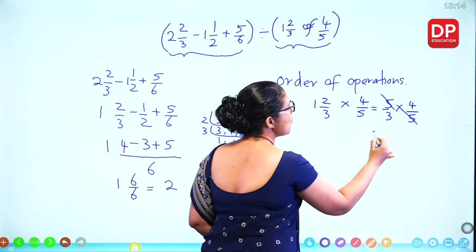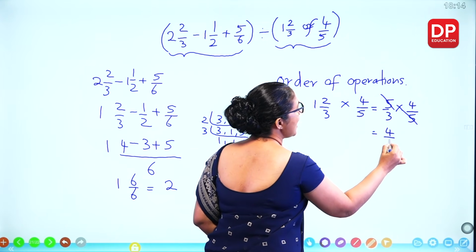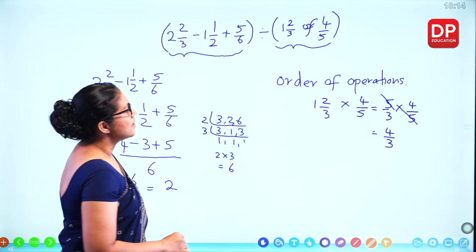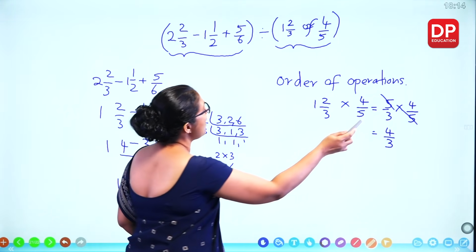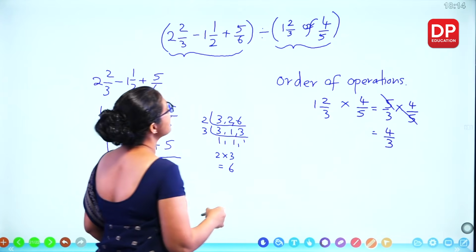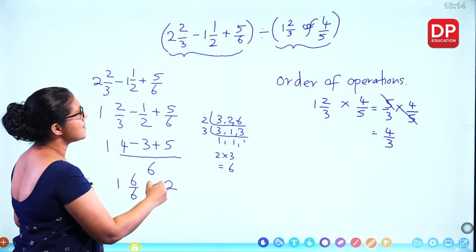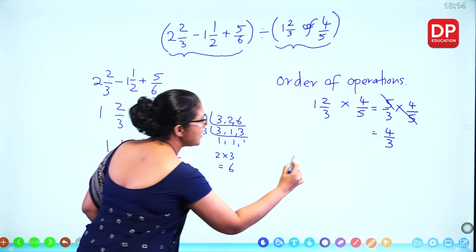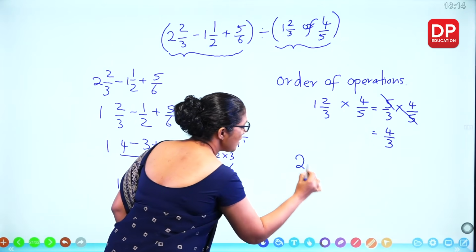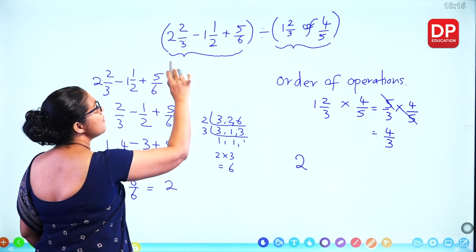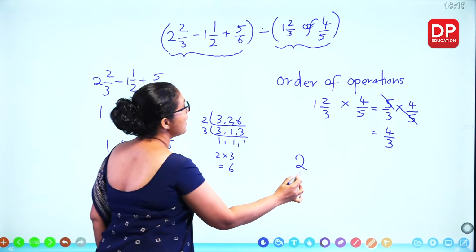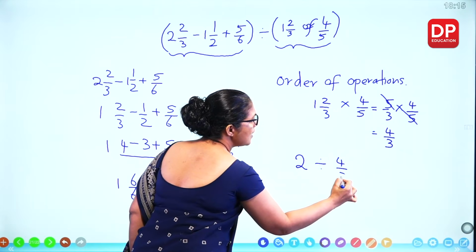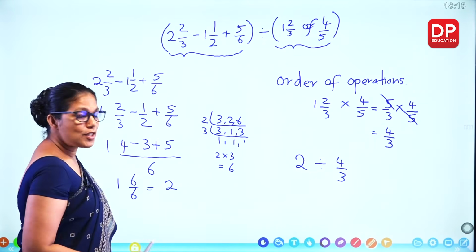So you get 4/3 as the improper fraction. So here you have 2 as the first answer and 4/3 as the next answer. So what can you do? Now you can rewrite the question. We simplified this to 2. You can write 2 divided by 4/3.